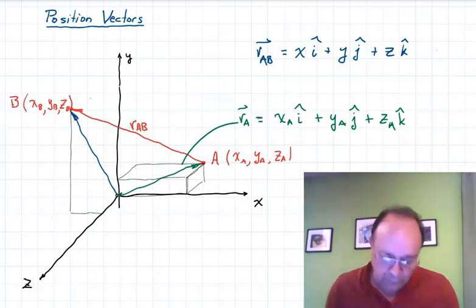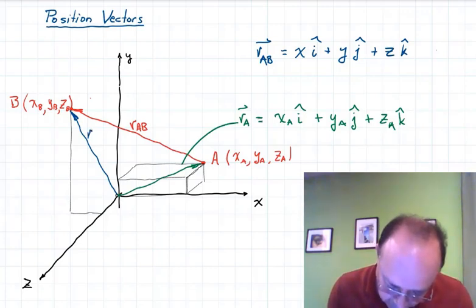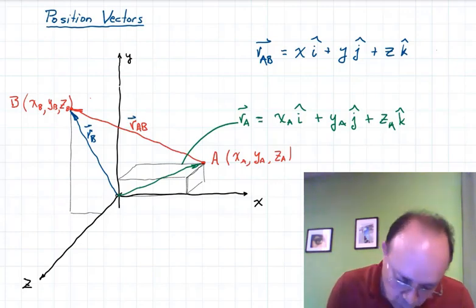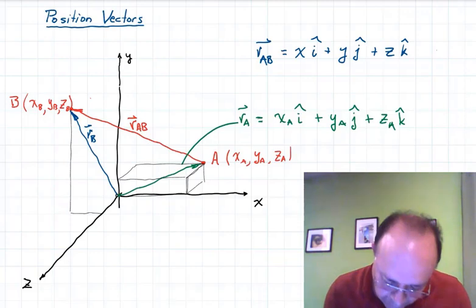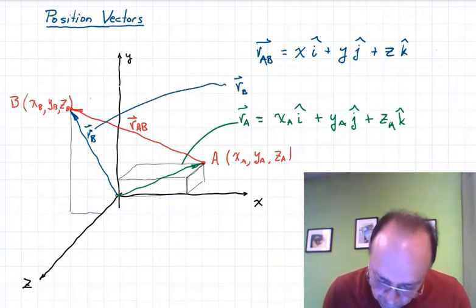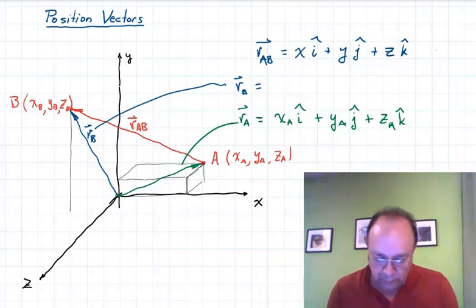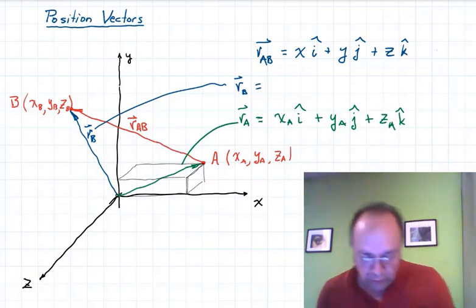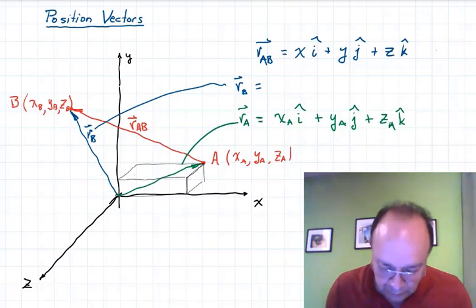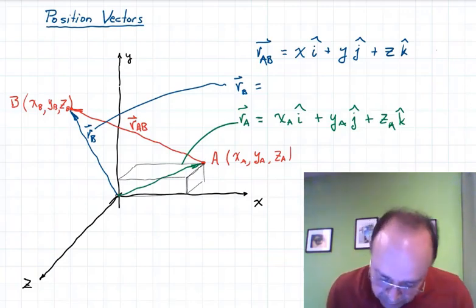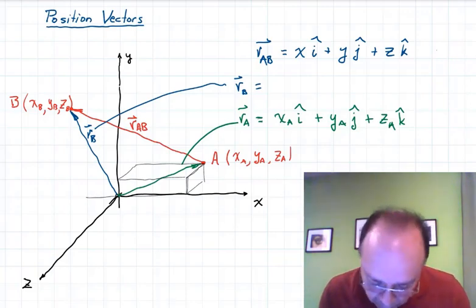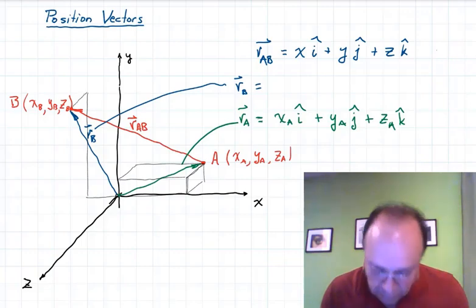This blue vector here will be RB, and the components of the vector RB will be the coordinates of point B. So in order to go from the origin to the point B, we have to move this amount in the X direction, this amount in the Y direction, and this amount in the Z direction, which are the coordinates of point B.